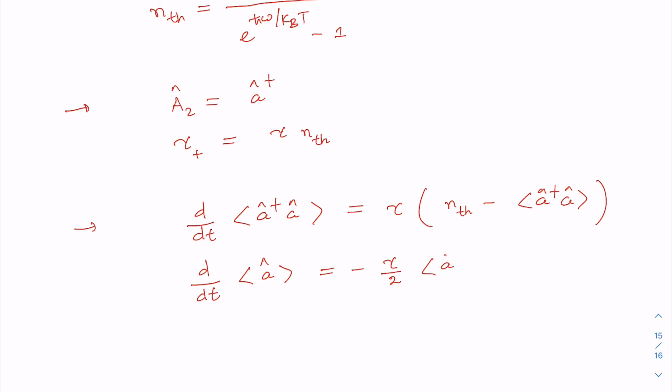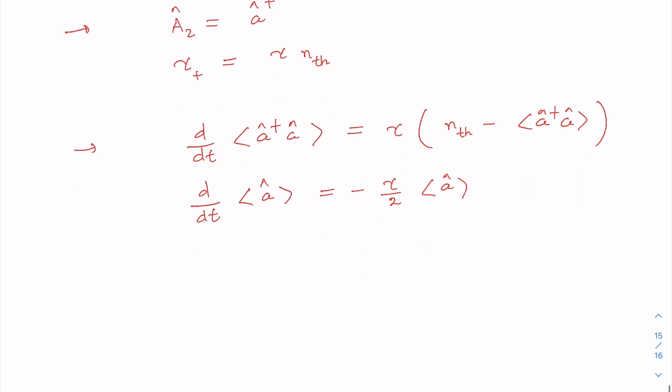This is what we get even at finite temperature. In the steady state, or thermal equilibrium, the time rate of change of this is going to be 0. Therefore the average number of photons, a dagger a, would be equal to n_th.